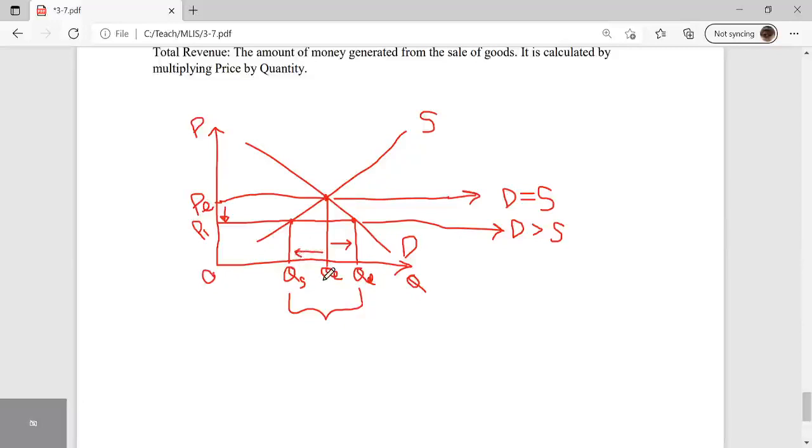So the customers will come to the market to buy more, but the suppliers are not willing to sell more, so it will create a shortage, right? So QD minus QS amount of goods will not be available in the market, so it will lead to a shortage. This is a shortage of goods in the market.